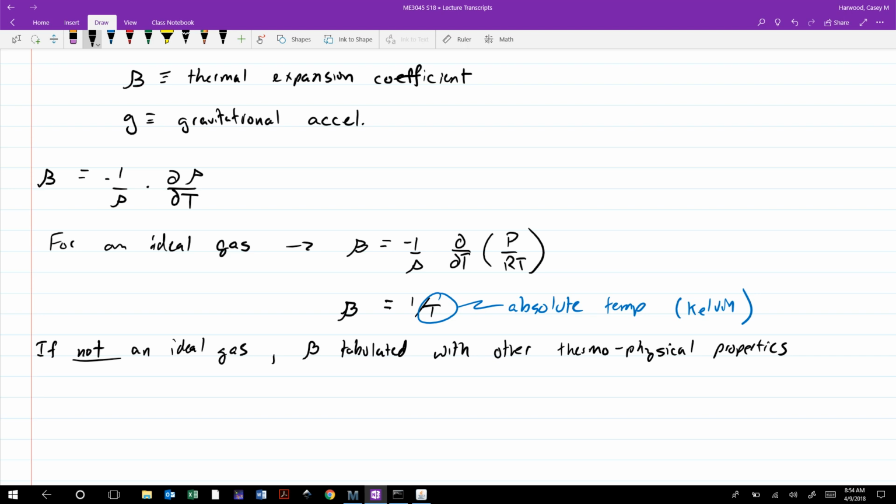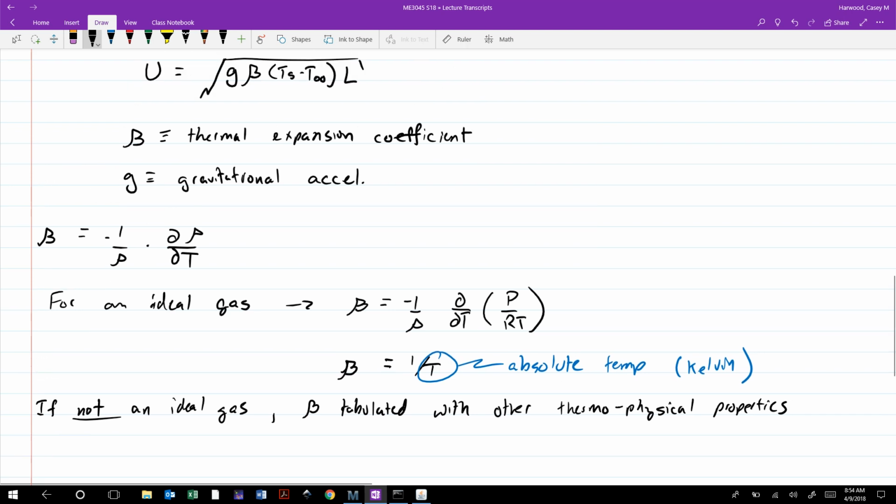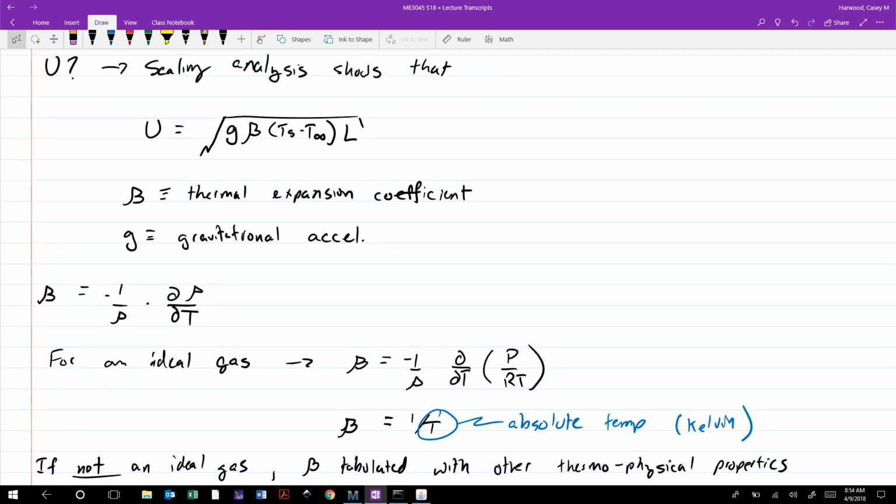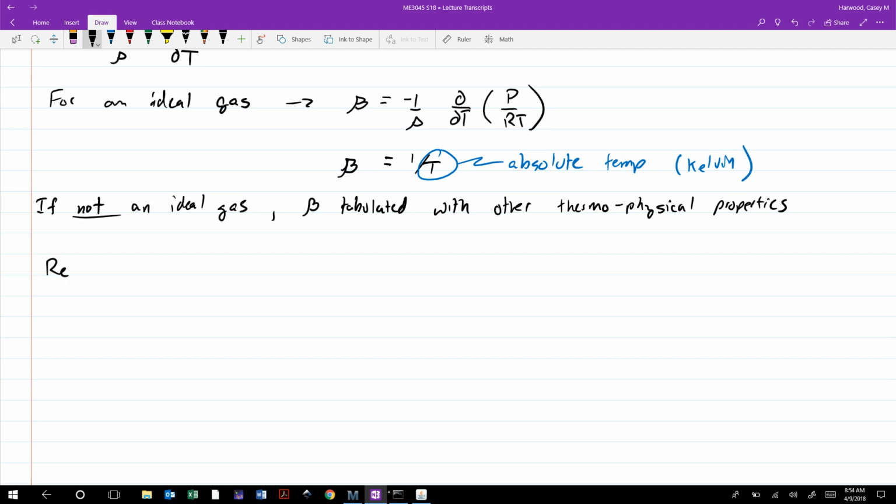So based on beta, we have an expression for U, and we plug that expression for U into our expression for the Reynolds number. We're going to end up with the Reynolds number written out as g beta (Ts minus T infinity) L times L all over nu.